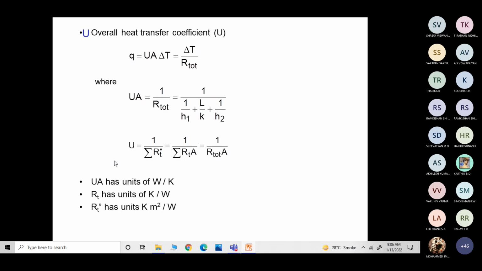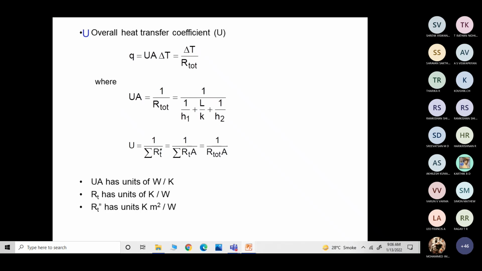We know that U equals 1 by R total into A, so Q equals delta T divided by R total. R total is nothing but 1 by h1 plus L by K plus 1 by h2.